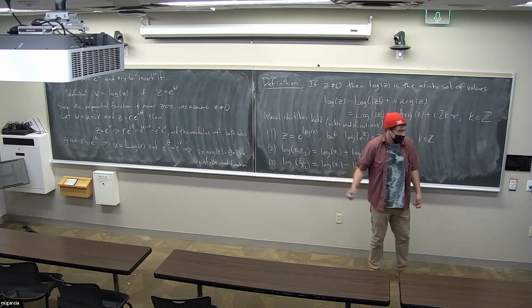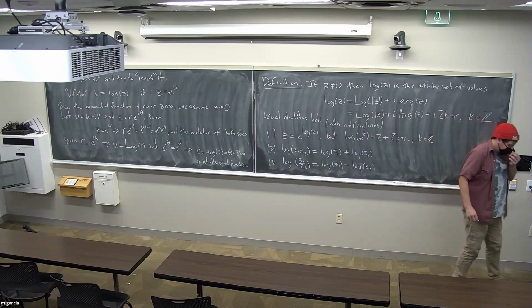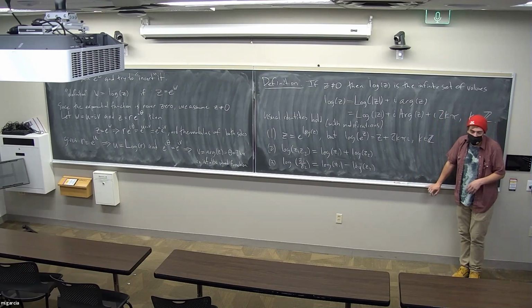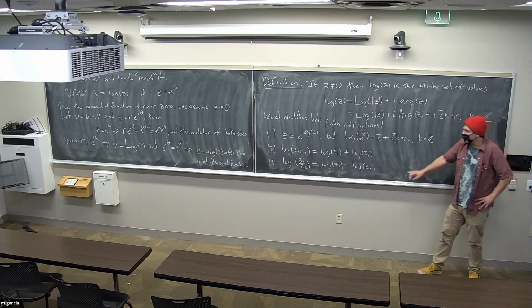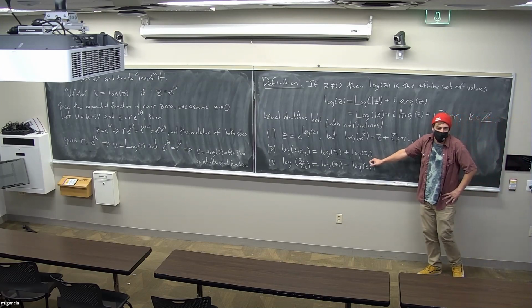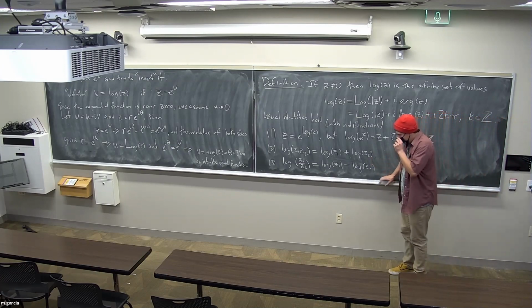Okay? There's a homework exercise in the textbook that illustrates when this fails, when we choose a principal value for log. So I'm looking forward to what you think about that.